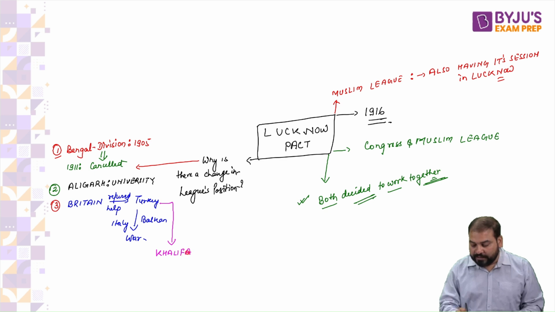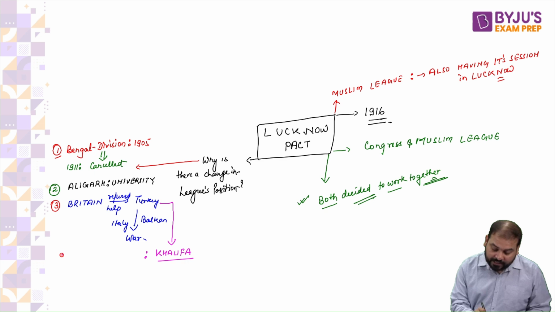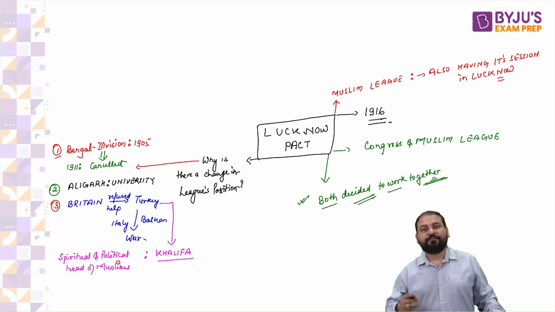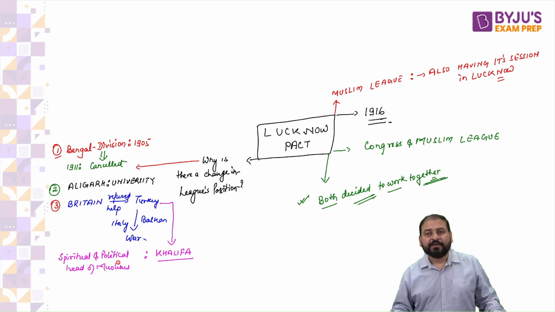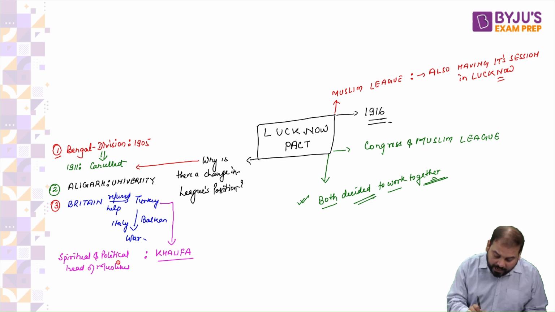Turkey is ruled by Khalifa. And if you all have some idea, Khalifa is the spiritual and political head of Muslims all over the world. Now, if I am a Muslim man, tell me, will I not be angry that the British did not help my leader? Will I be angry or not?